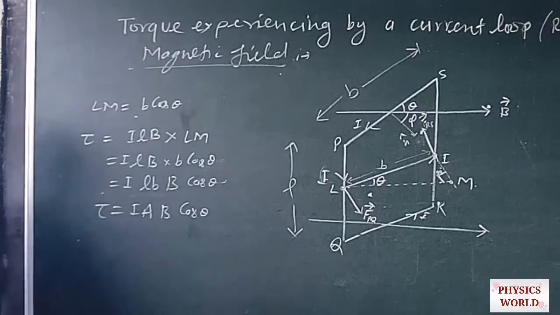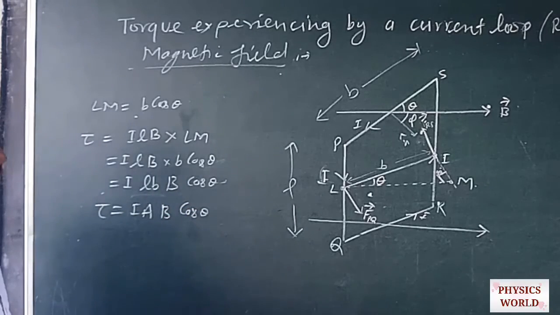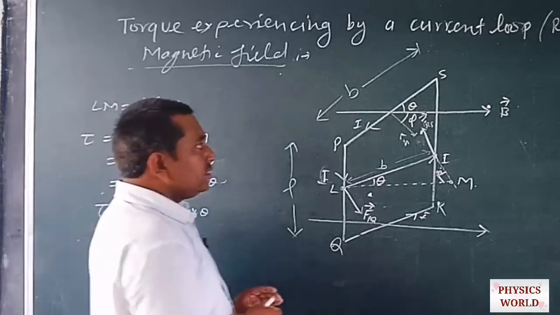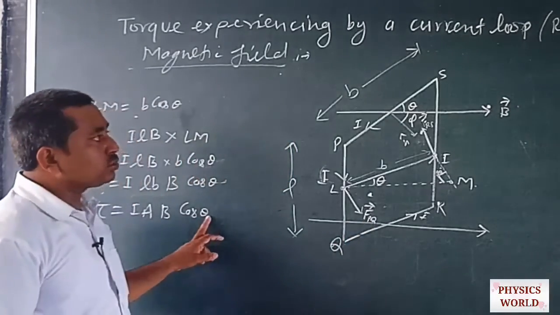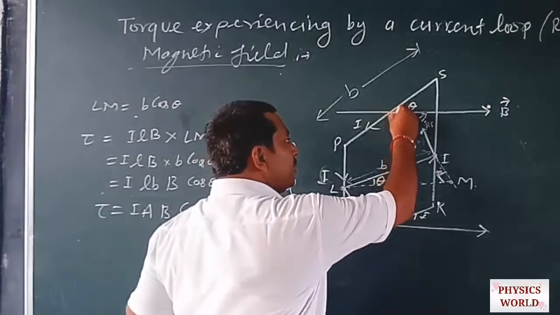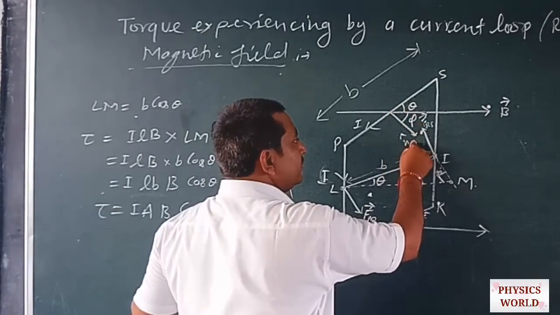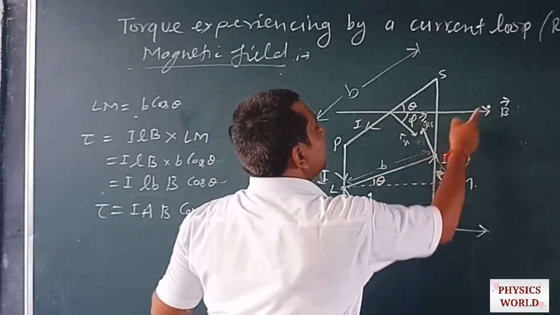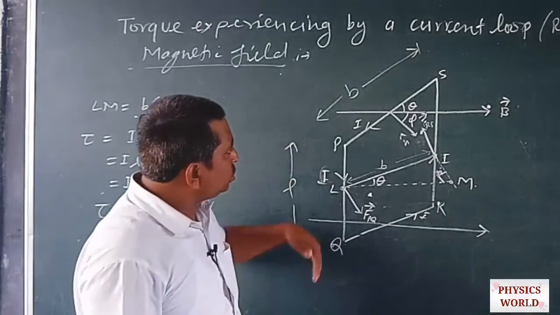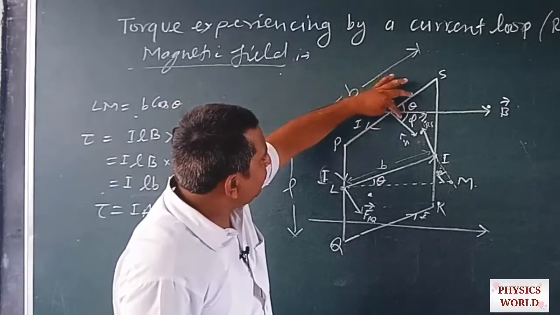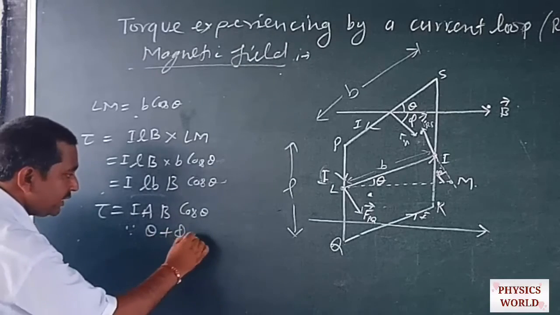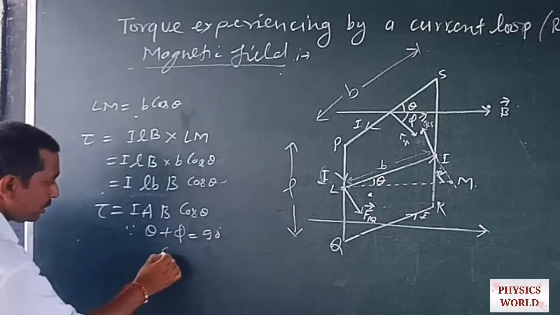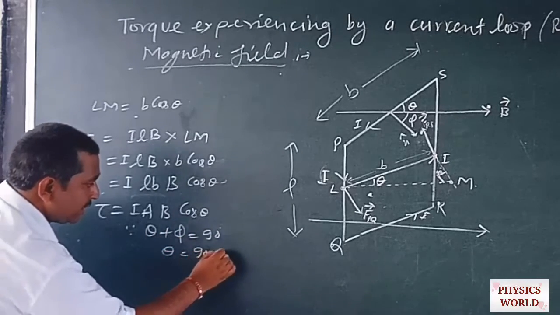Now we can replace this theta in terms of phi, because this normal makes angle phi with the direction of the magnetic field. Since theta plus phi is equal to 90 degree, theta equals 90 minus phi.